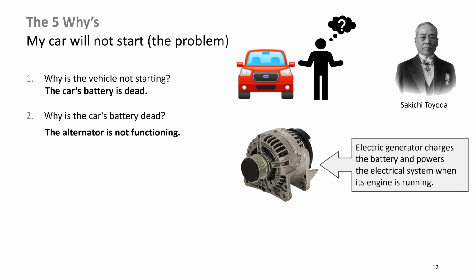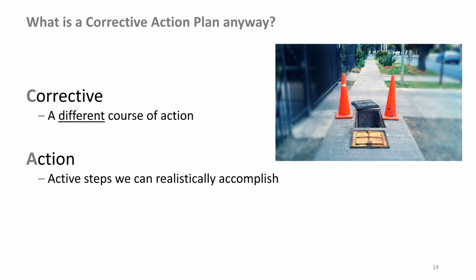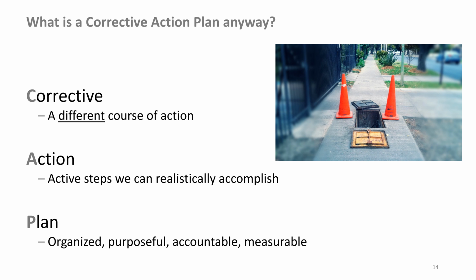What is a corrective action plan anyway? Corrective, a different course of action. Action, active steps we can realistically accomplish. Plan, organized, purposeful, accountable, measurable.